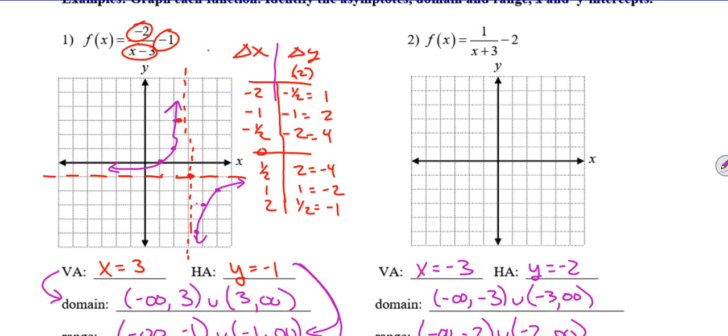And now when we're talking about graphing, what we would expect you to be able to do is to put in your asymptote here at -3 and here at -2. It's not stretched or compressed, so you should be able to do -2, 1/2.